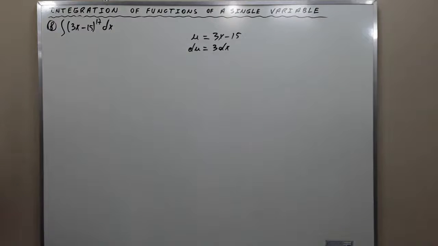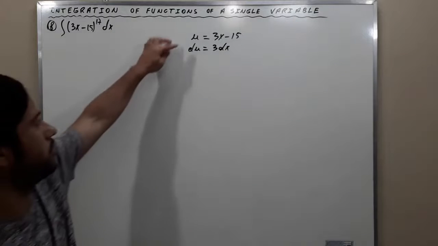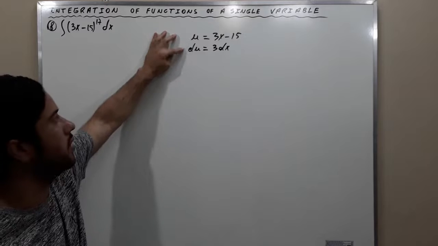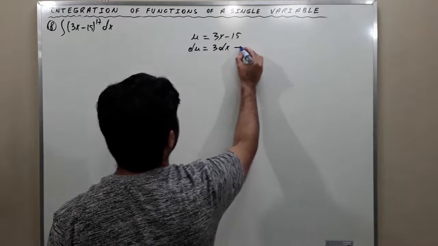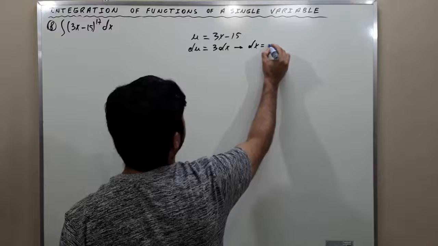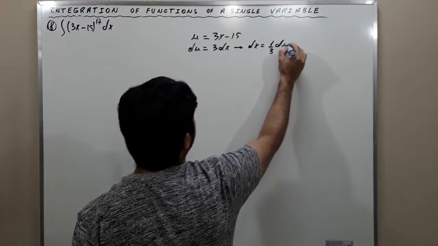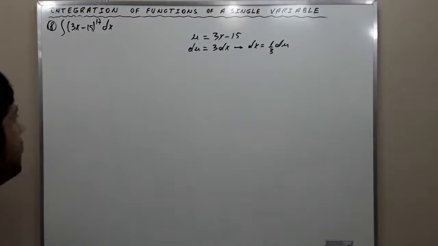Okay? If we differentiate this with respect to x, we get that du is equal to 3 dx. Okay? And dx is equal to a third of du. Alright?